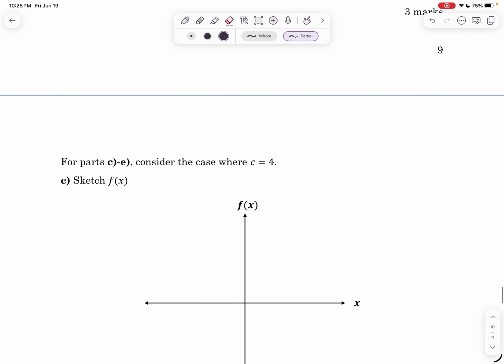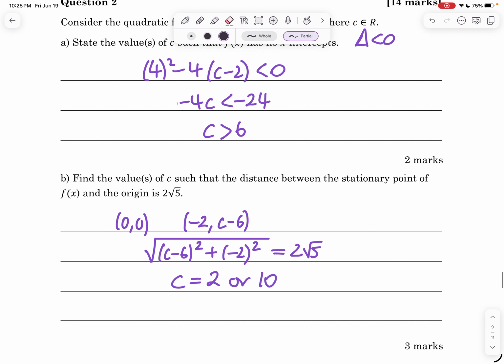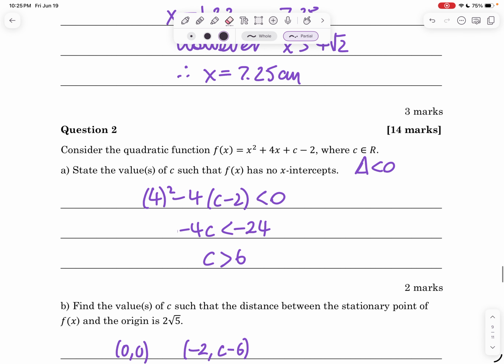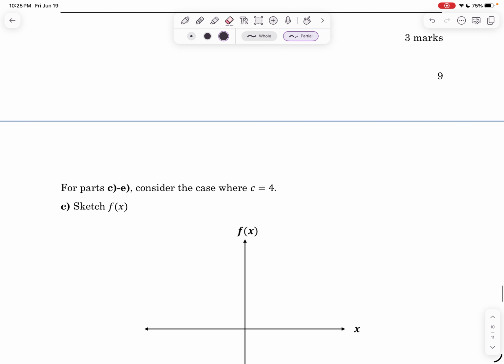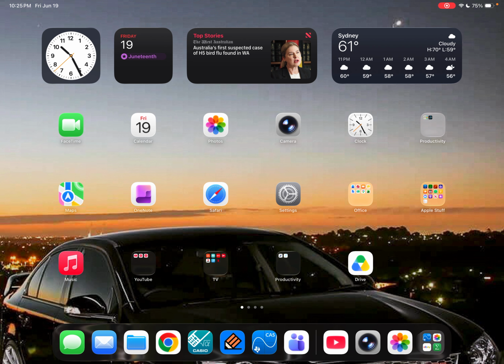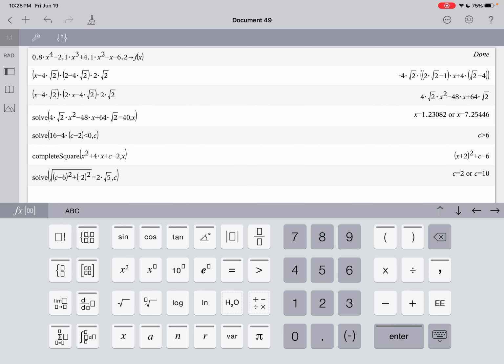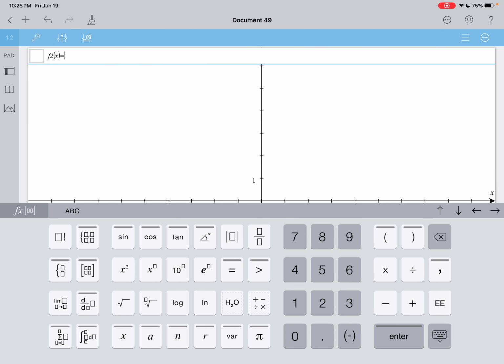Okay, for part e, c is equal to 4. So that would be x squared plus 4x plus 2. So f of x is x squared plus 4x plus 2. Sketch that graph. So, graphs, x squared plus 4x plus 2.